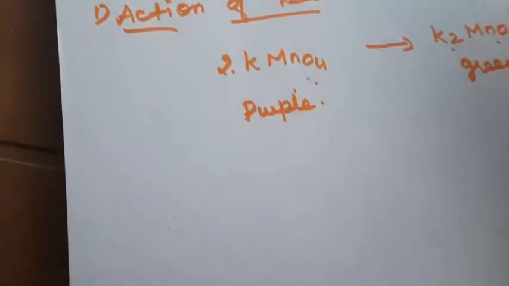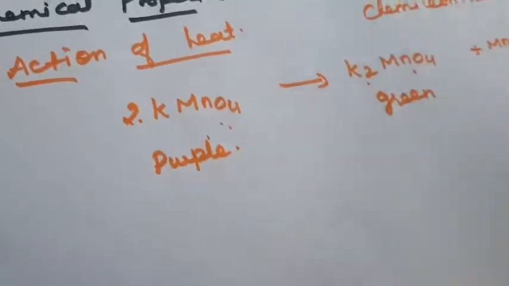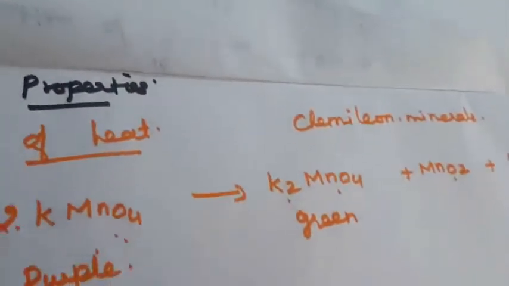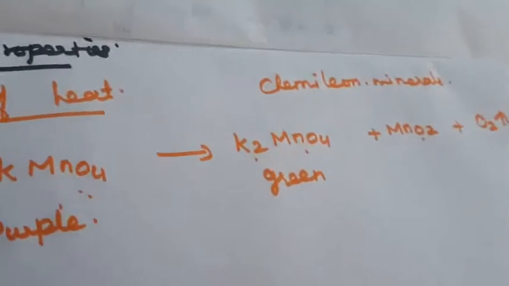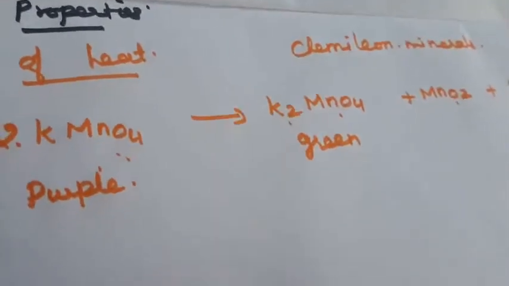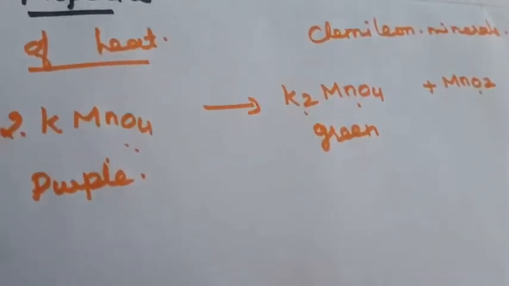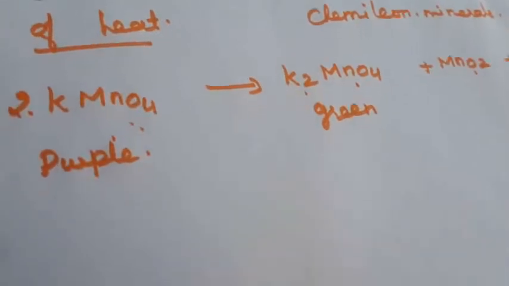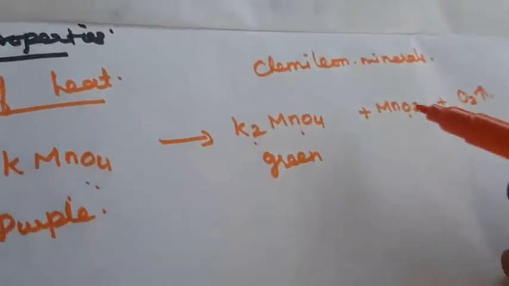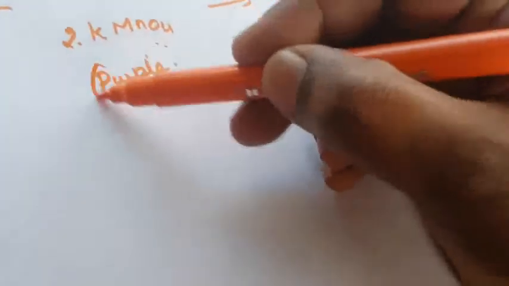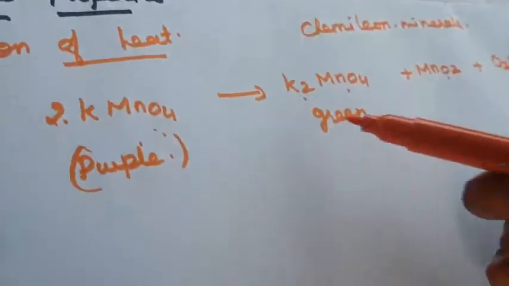What is meant by chameleon mineral? It changes its color repeatedly and frequently according to the compound. So when we heat KMnO4, it is converted into a green color. According to that, it frequently changes color.